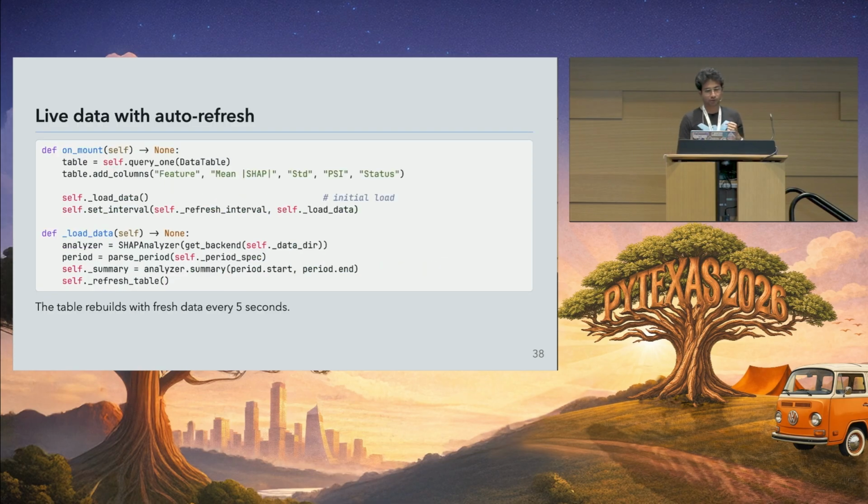All right, so the live data with auto refresh was happening here. If you look at the mount, what Textual gives you are lifecycle hooks. The on_mount runs exactly once when the app starts, and this is where I wire up the table columns and load the initial data. Then at set_interval on that line, you call it, and that's it.